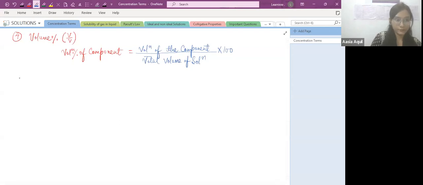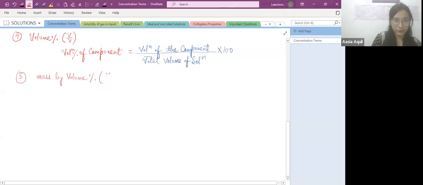Next one is your mass by volume percent, that is M by V. Okay, so this unit is commonly used in medicine and pharmacy, right? Mass by volume percent.